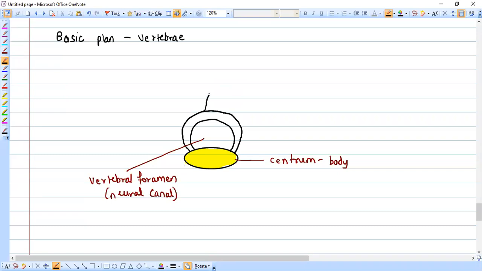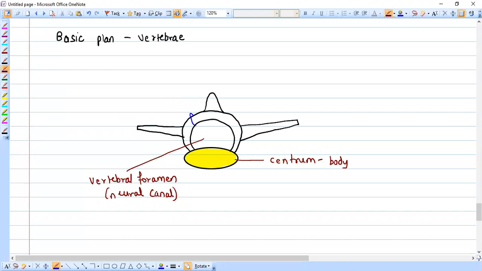Every vertebral bone is going to have a process like this. This is the first process. Then we have this extension, or if we want, we can draw it a bit better. So I take this as the extensions. This becomes the extension. There are some facets present here.